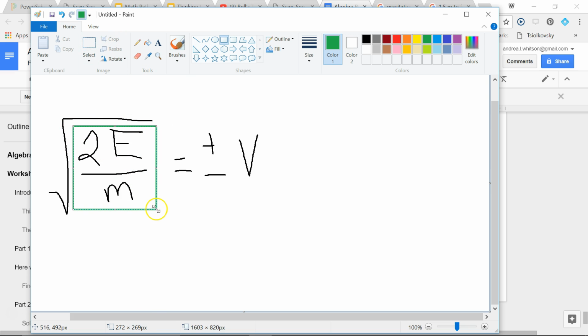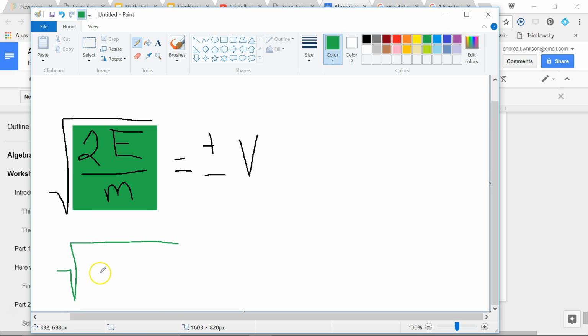Whatever this fraction is, the green blob here, I didn't mean to color the whole thing, whatever this green blob is equal to, it has to be a negative number, right? So we would be taking the square root of something, some squiggle, that is negative.